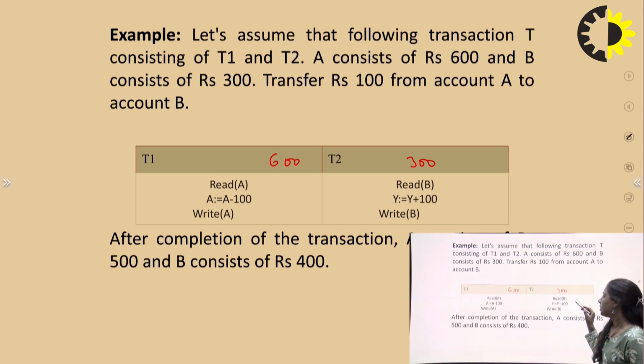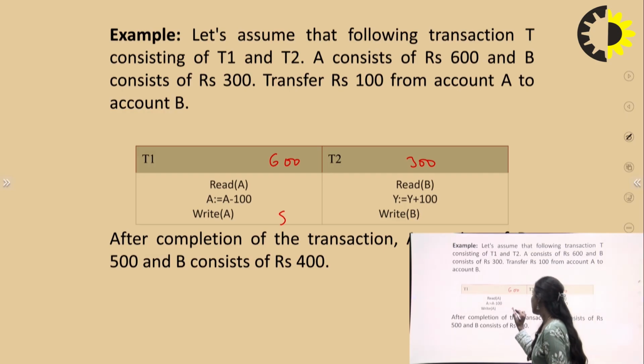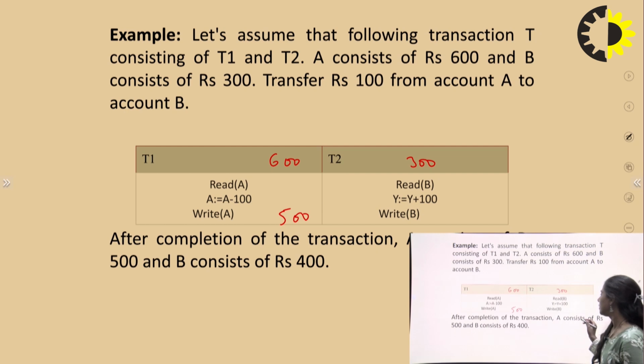Here we read the value of B, then we add on, since A is transferring the amount. So here we do 300 plus 100, then finally update the value. After completion of both transactions, the value should be consistent. The transaction should be performed whole. So after the transactions, the value here is 500 and here it is 400. This is how it works.